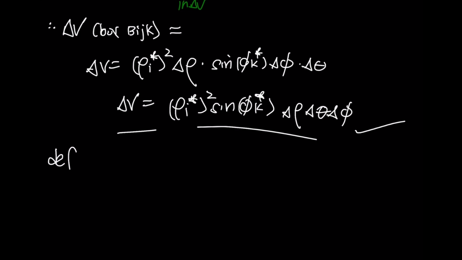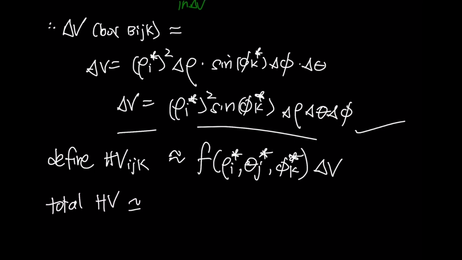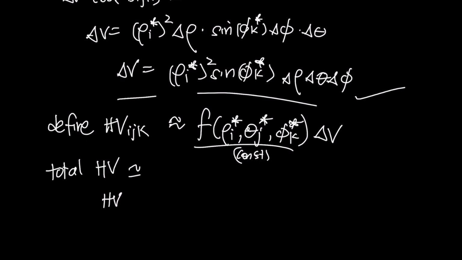As always, we're going to define the hypervolume of the function above this box. We're going to approximate it as the value of the function at this ρᵢ*, some θⱼ*, and this φₖ*, times the volume of this box. The total hypervolume is approximated. Now, it's an approximation because we are holding this constant over the entire box.